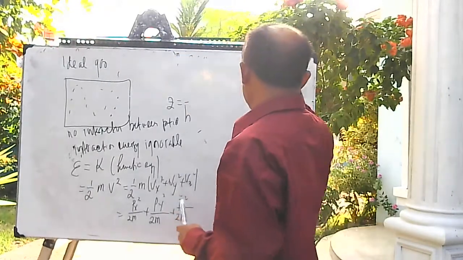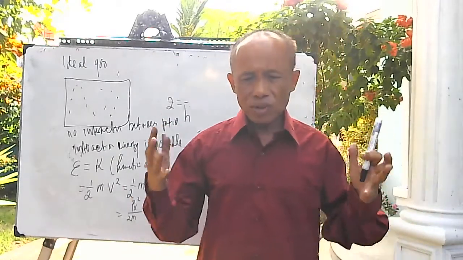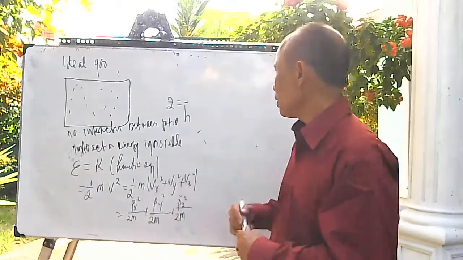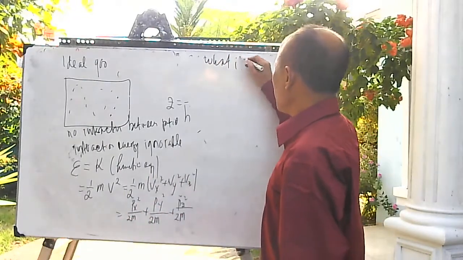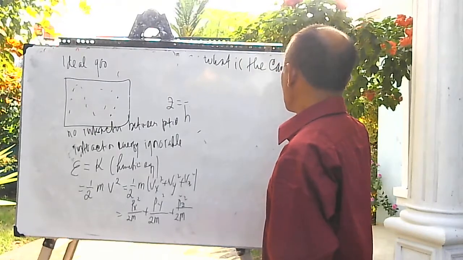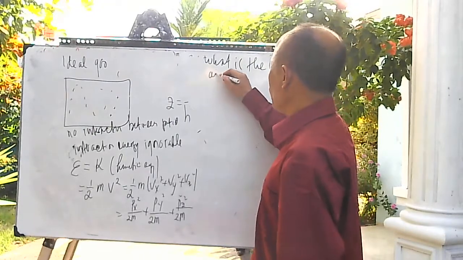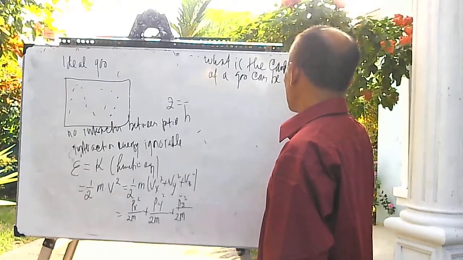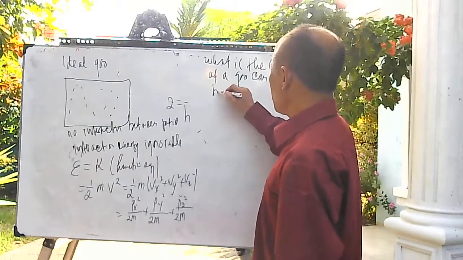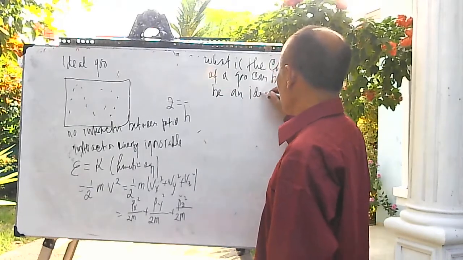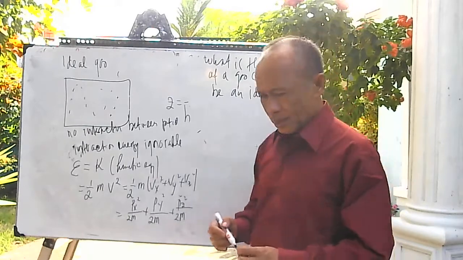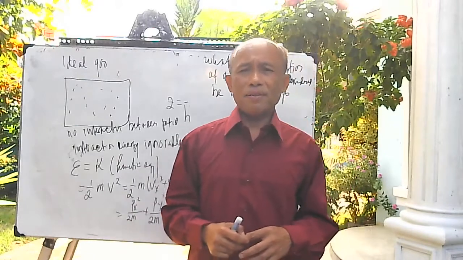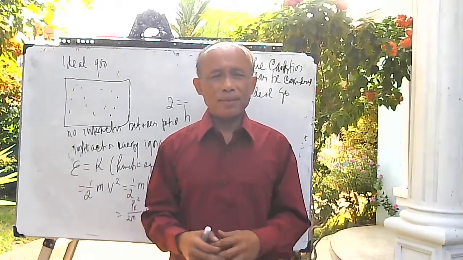But in the case of a real gas, what is the condition that a gas can be considered to be an ideal gas? Ideal gas means that the particle has only kinetic energy, no interaction energy between particles.